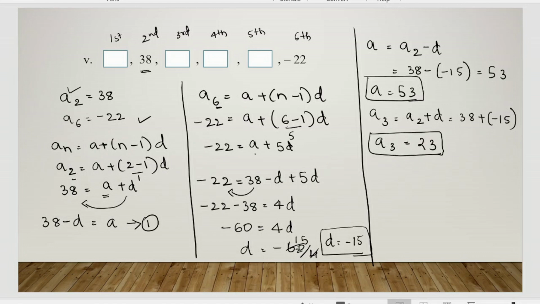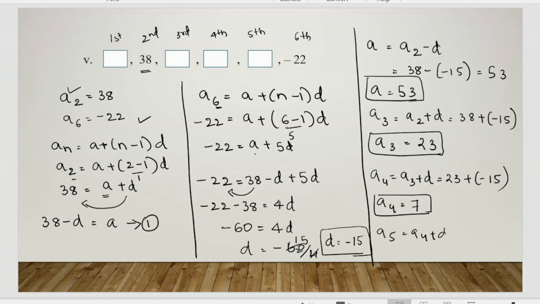Next, A4. A4 is A3 plus d. A3 is 23 plus minus 15. So you will get A4 is equal to 23 minus 15, which is 8. In the same way, we will find A5, which is A4 plus d.